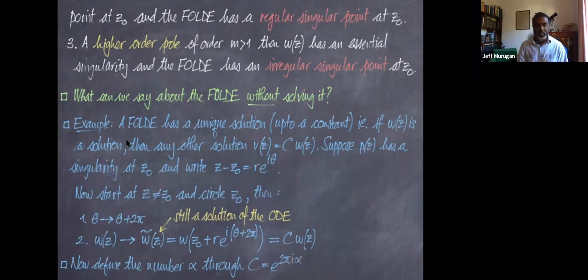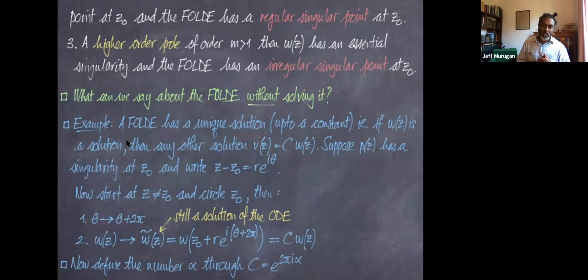Why I choose to write it like this, it will become clear just now. Okay, but I have a constant, right? That is the constant of proportionality in this relationship between W tilde and W, right? And I didn't tell you anything about this constant. In particular, it can be a complex constant. And so if it's a complex constant, let's write it as e to the 2 pi I alpha.